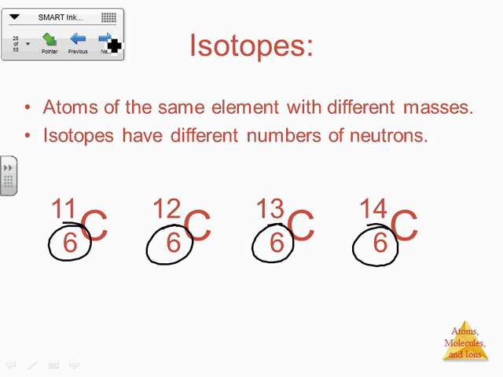So in this particular carbon, because there are 6 protons and this mass number shows us the number of protons and neutrons, that means that this carbon must have 5 neutrons in it. Okay, this carbon must have 6 neutrons. This carbon has 7 neutrons, and this carbon has 8 neutrons. Okay, so the way you figure that out, again, you just take the mass number minus the atomic number, and that'll give you the number of neutrons.